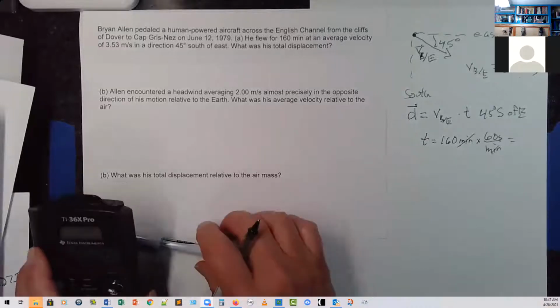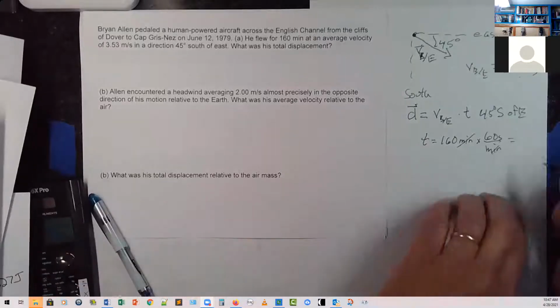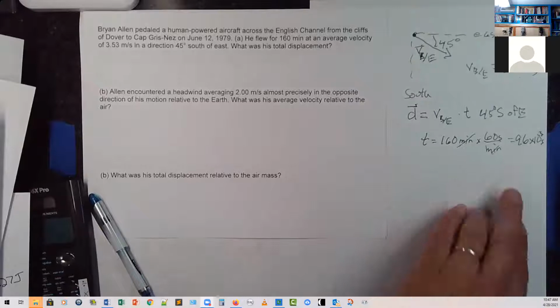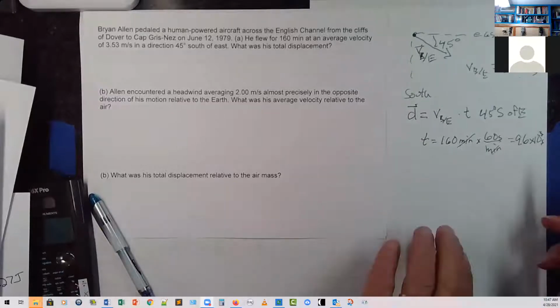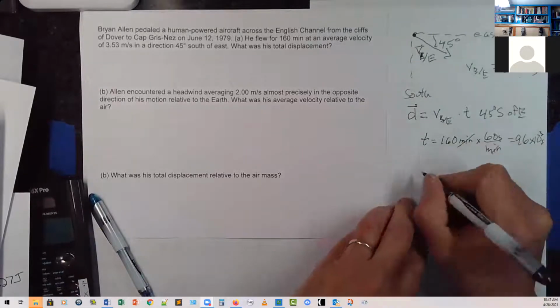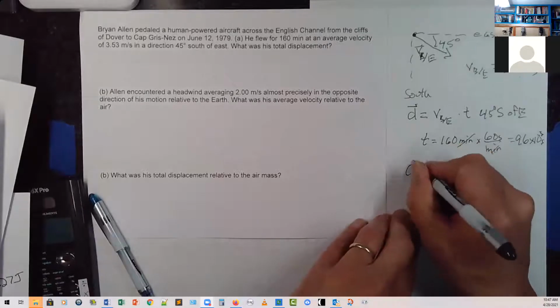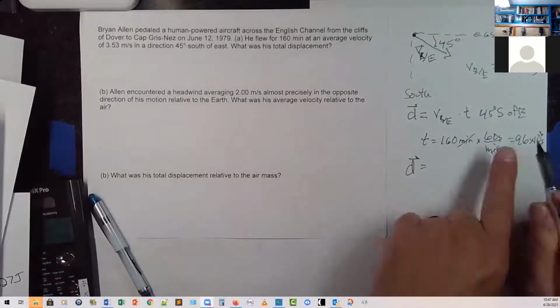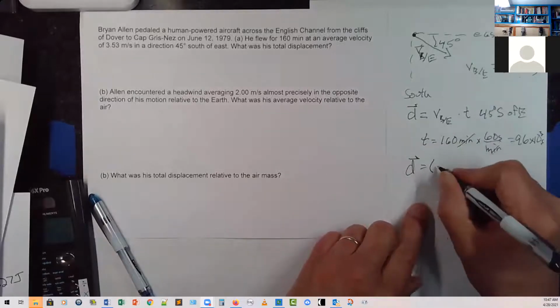It's about 9.6 times 10 to the third seconds, 9,600 seconds. Wow, that's a lot. Anyway, so the displacement will be this thing times the VB/E.